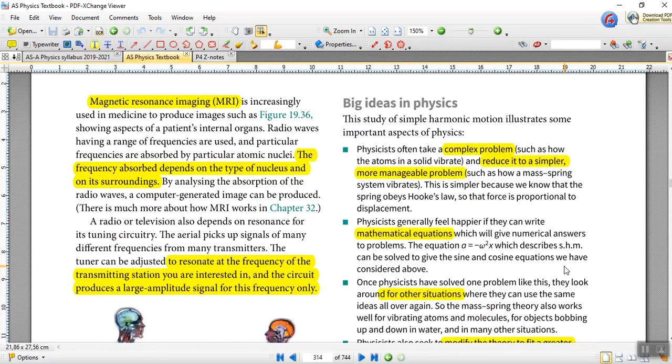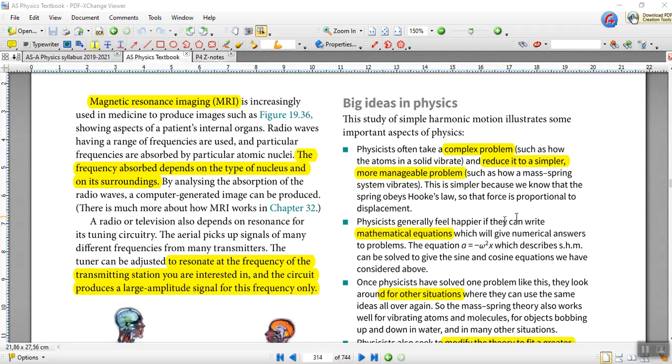Okay, and then a few big ideas here. What they say is this just provides us with a scenario of how ideas in physics really work. Scientists often take complicated problems like atoms in a solid vibrating and reduce them to simpler examples or problems like an oscillating spring.